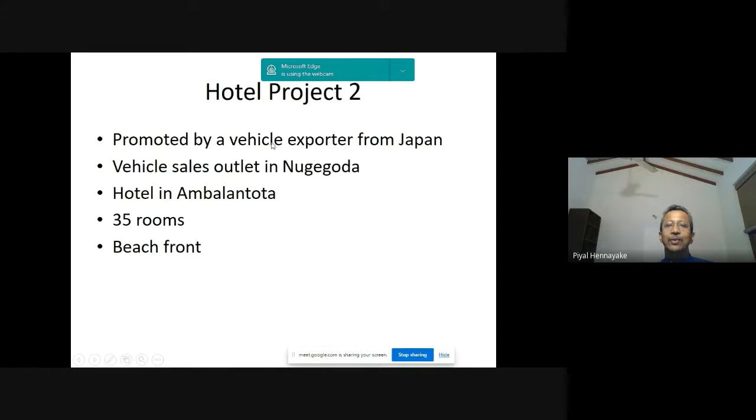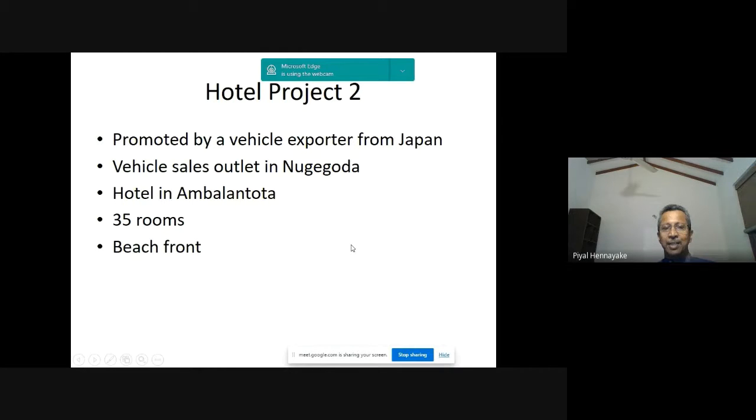Hotel project 2, this is by a vehicle exporter from Japan. A Sri Lankan living in Japan, importing vehicles to Sri Lanka, and had a vehicle sales outlet in Nugegoda, and the hotel was to be in Ambalanthota, 35 rooms, beachfront.